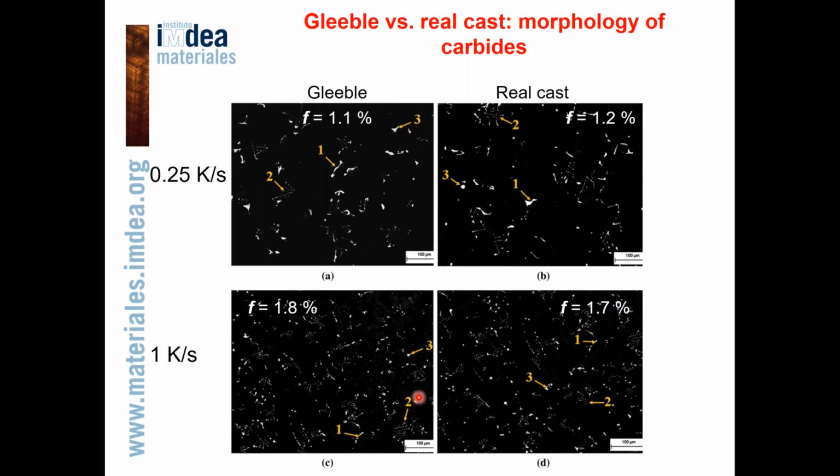Since carbides are formed at interdendritic areas, the refined dendritic structure at higher cooling rate reduces the interparticle spacing, which is also very well reproduced by physical simulation.